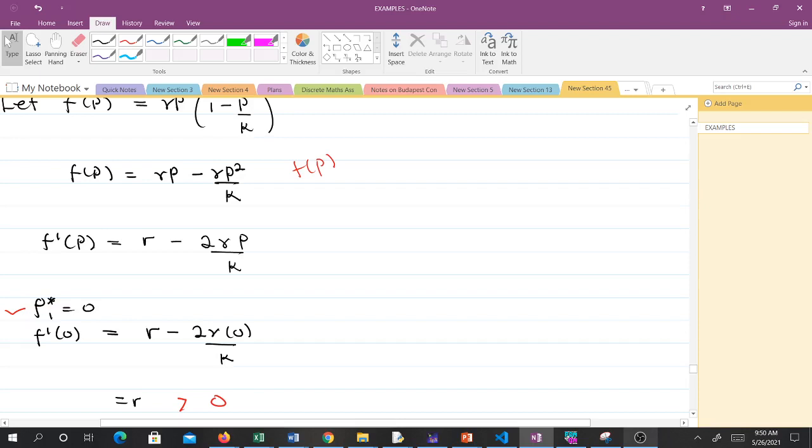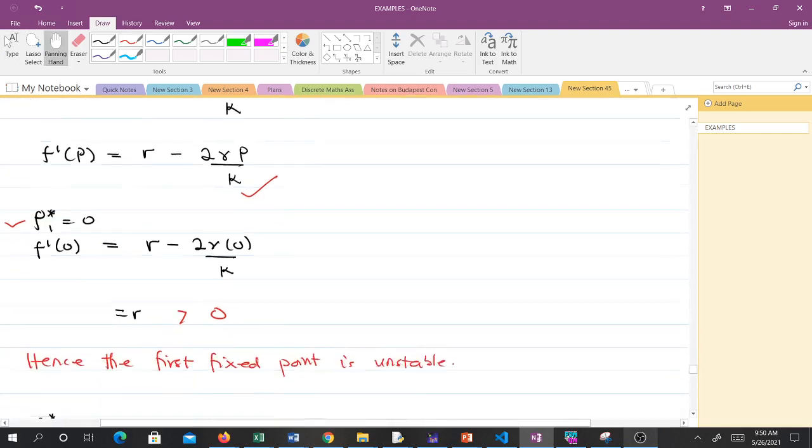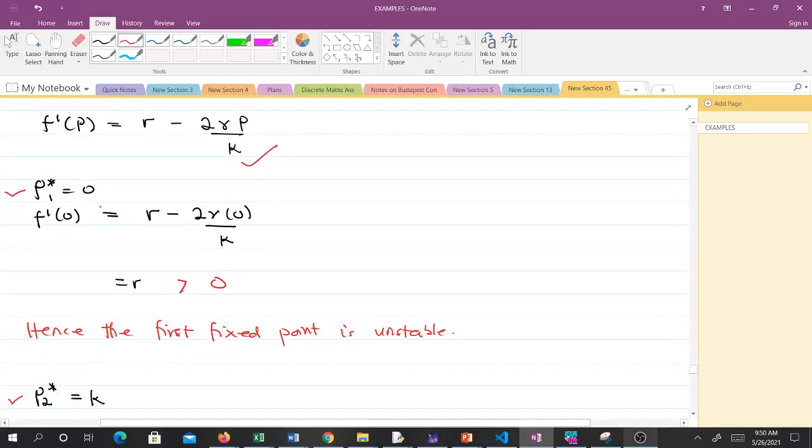So when you do that, you're going to get r minus 2rp over k when we differentiate with respect to p. So after getting this, what we do is that we put in a first fixed point, we analyze our results, we put in a second fixed point, then we also analyze our results. Okay, so the first fixed point is 0.